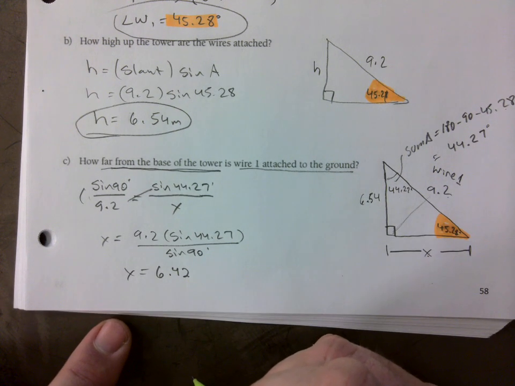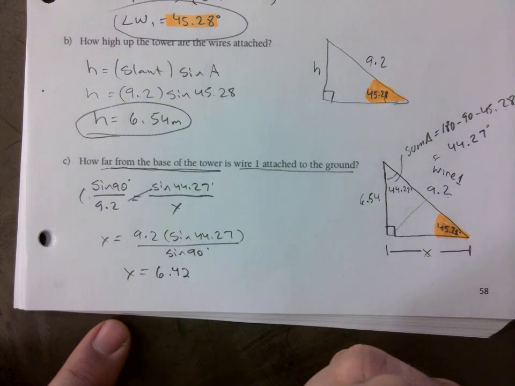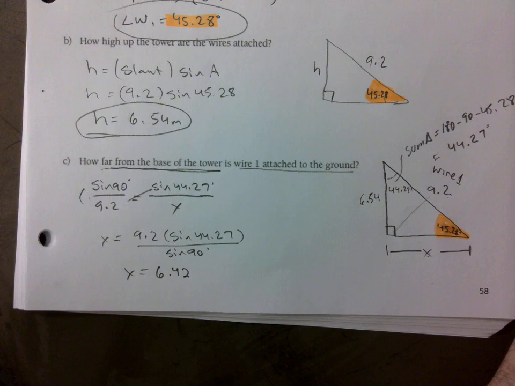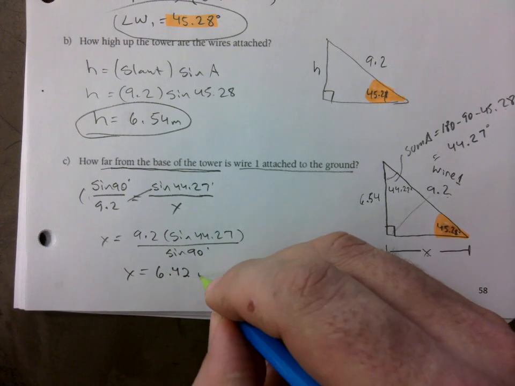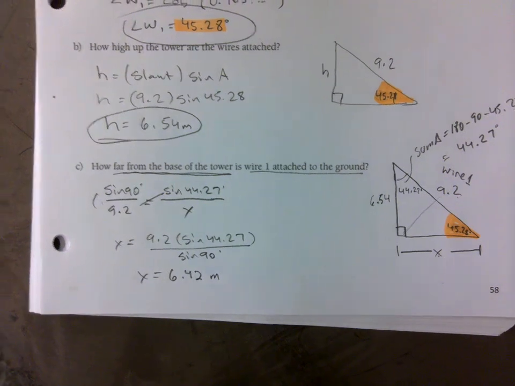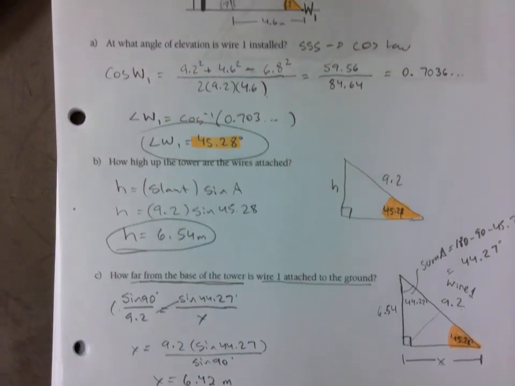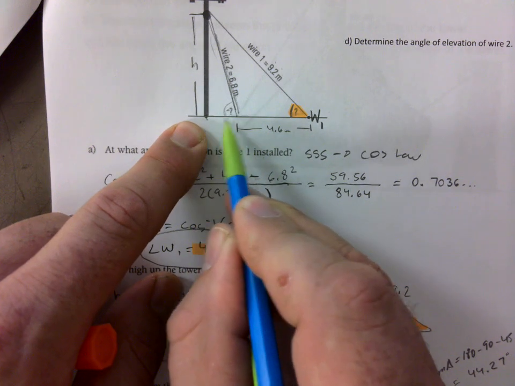Wait a minute. My key is wrong, right? I'm just looking now at my key here. It says 1.86 on my key. This is what it should be though. And what I did wrong, I look at my key right now. My key is finding this here, from the base to wire 2.